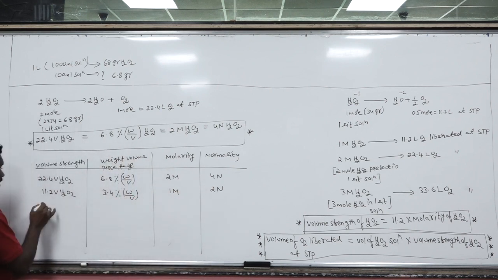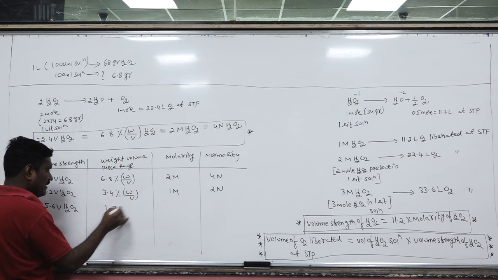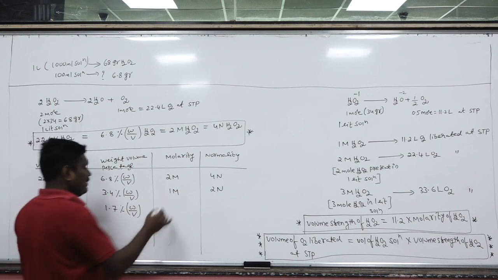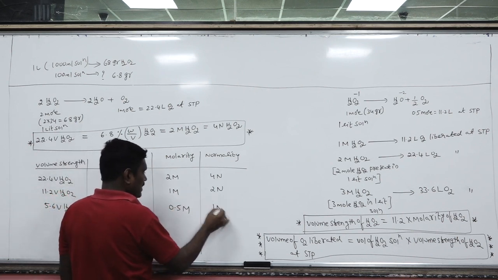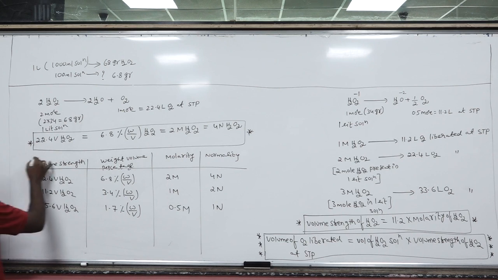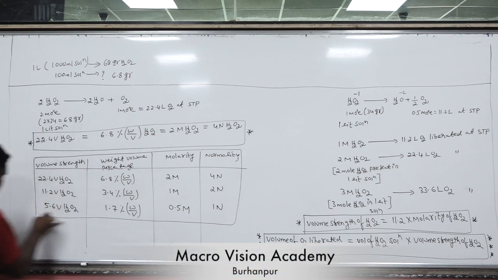Let's suppose the volume strength is 5.6 volume of H2O2, then again it will become half, that is 1.7% of W by V. This will become half, that is 0.5 molar. This will become half, that is 1 normal. 1 normal solution. Okay, so with the help of one particular data, we can calculate the remaining data.